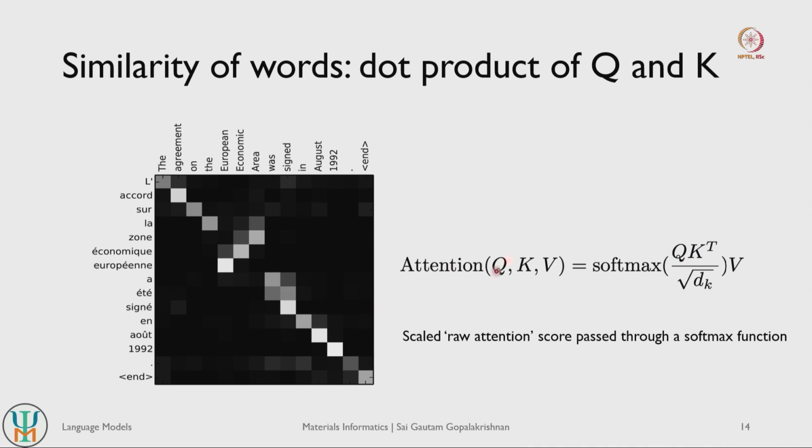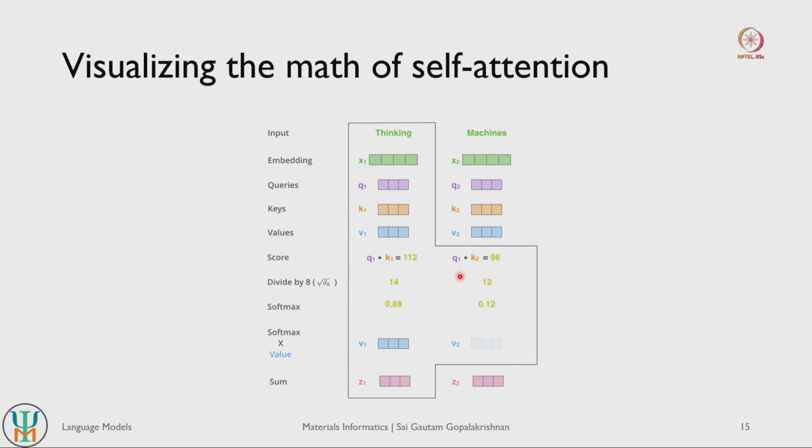It is called self attention because it provides context to a given word in a given sentence, and it does this process for all the words in the sentence. So you can also visualize the math of this attention process. We can say that there are two words, thinking and machines, which are represented by some kind of embeddings, and then you generate a corresponding query, key and value.